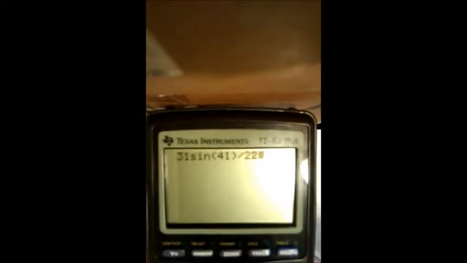I know that I've got 31 sine of 41 degrees over 22. So I get this nice decimal here, 0.92444, 68136. It's not really important that you write down all those decimals to show work. Just write down a couple, but you do want to save this number on your calculator, so don't press clear or anything. We'll need that here in a second.